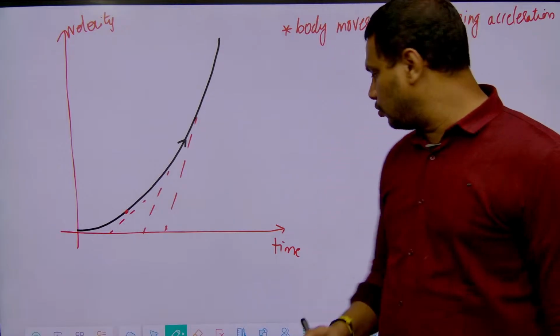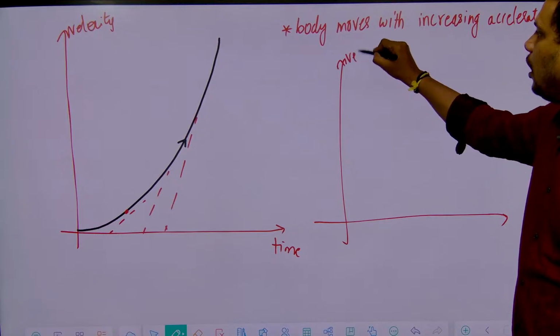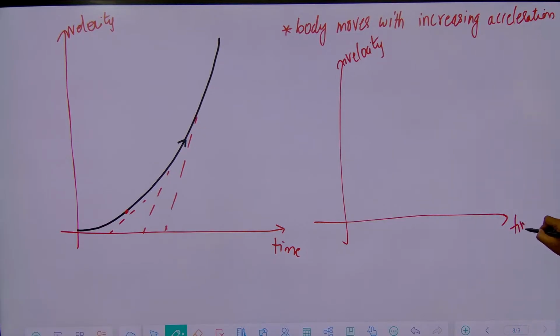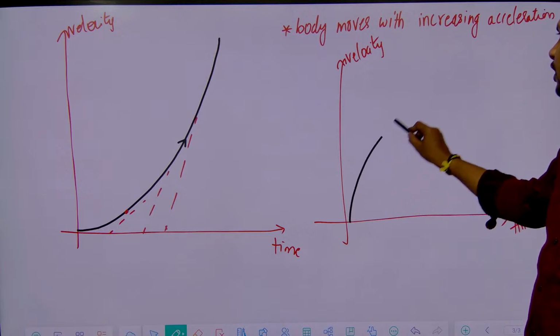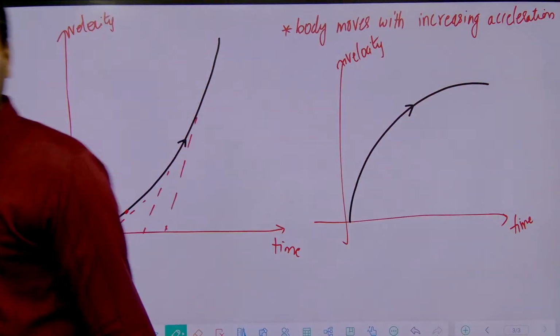Next, for suppose if the same graph is like this, draw this also. I'll take velocity, I'll take time. Now I'll draw the graph like this. Now what is the meaning of this graph? Decreasing acceleration.